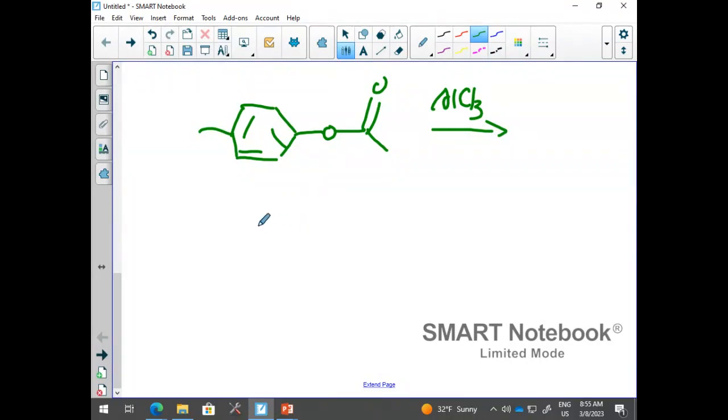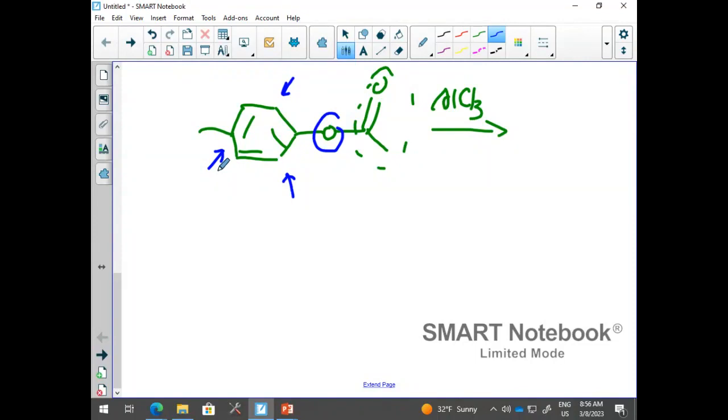So then you can consider this one as an electrophile to react with the aromatic ring, and this group still is an OP director, okay? So you want the electrophilic attack here, here, or here.